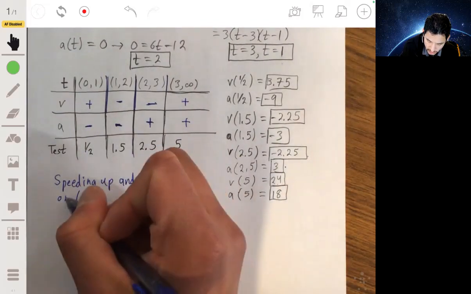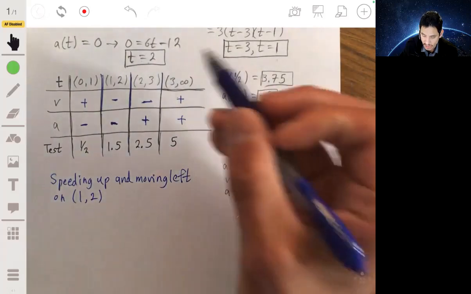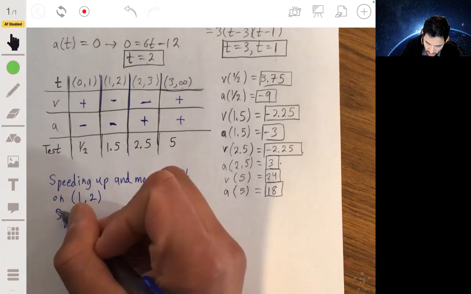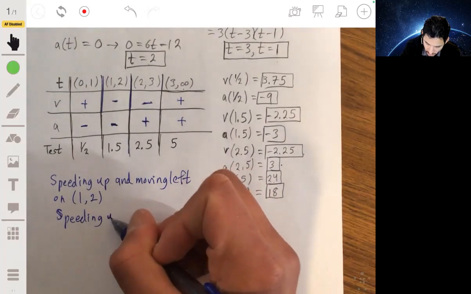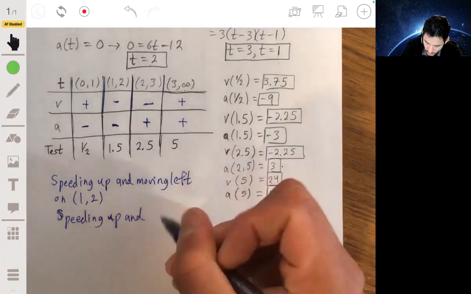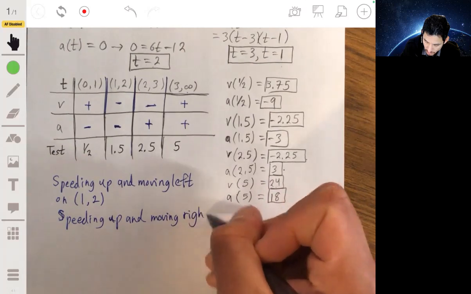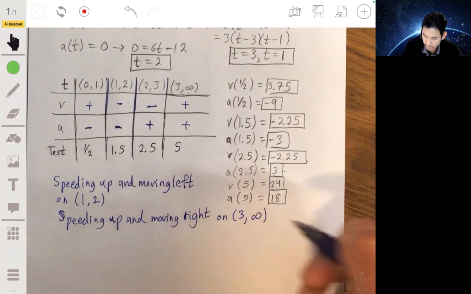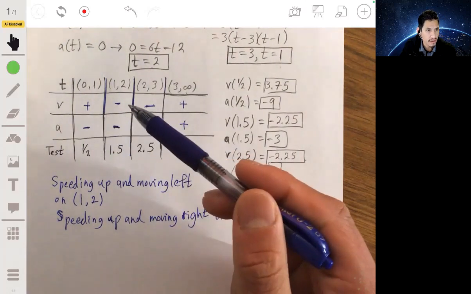It's speeding up and moving right on 3, infinity. And then that means it's slowing down on the other intervals.